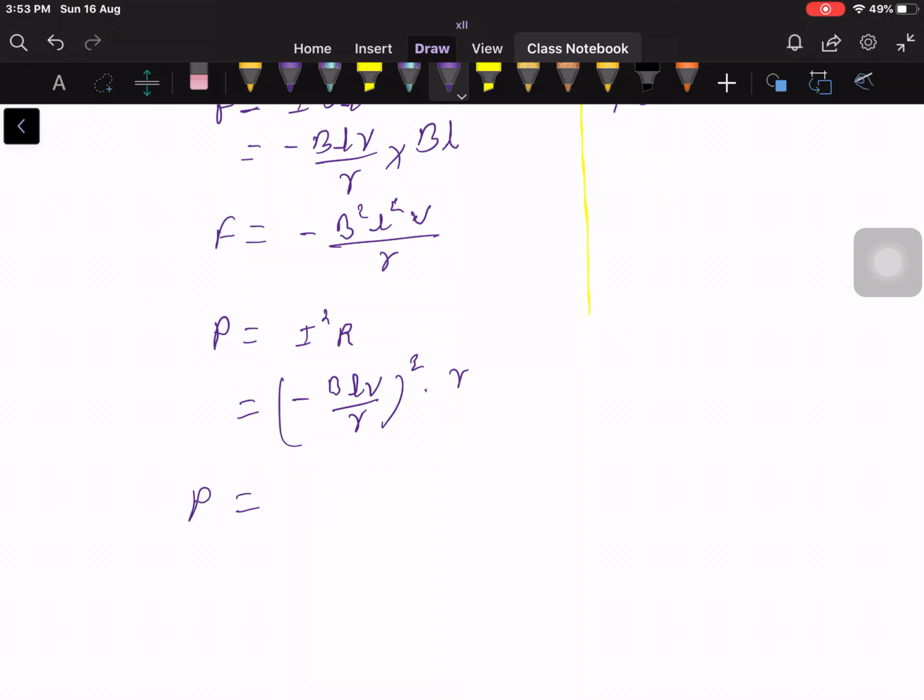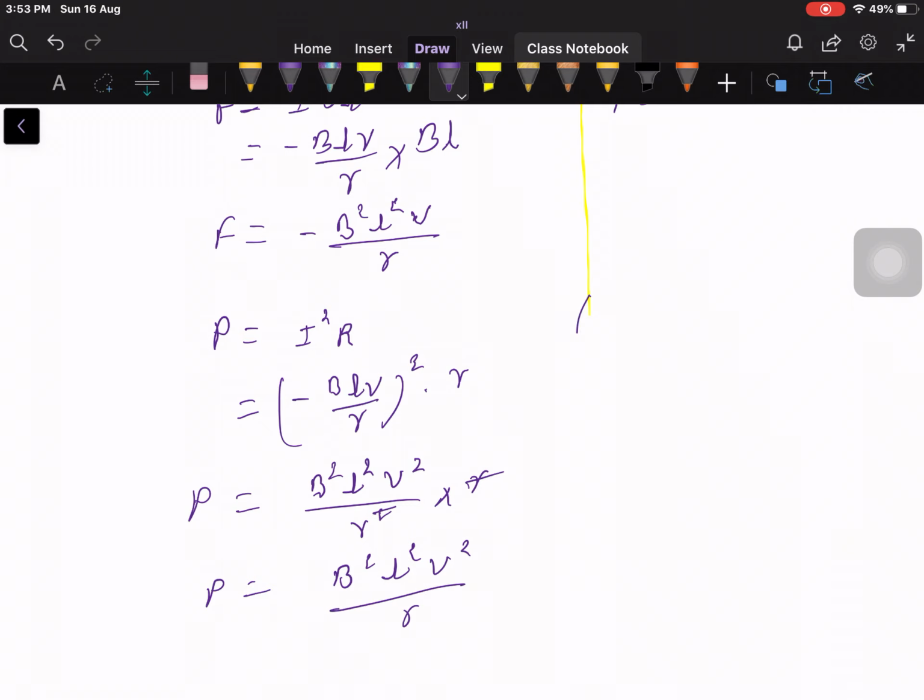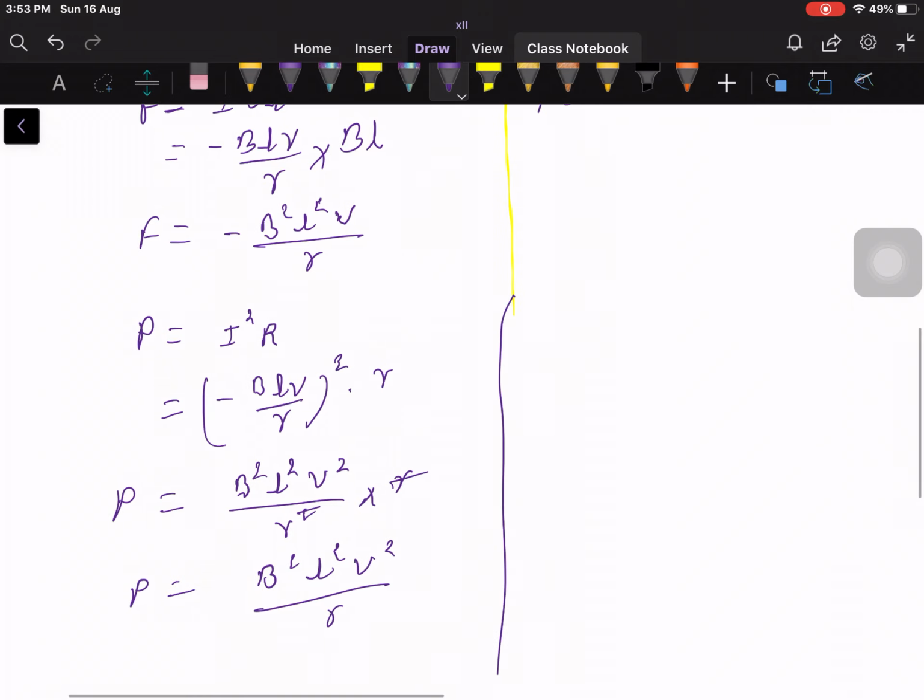P is equal to B squared L squared v squared upon R squared into R. So what is power here? B squared L squared v squared upon small r. What about here? Now we know power will be 0. So we have got all the things which have been asked in this question.